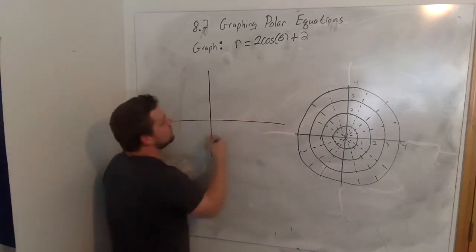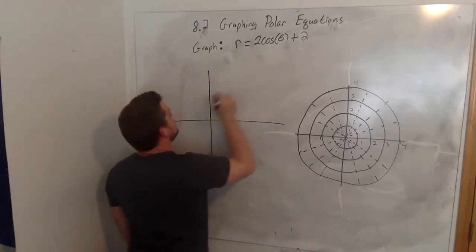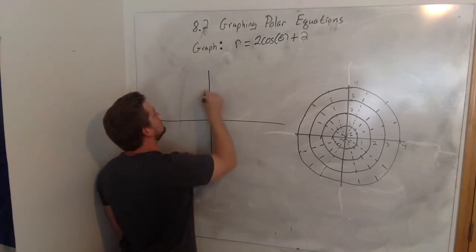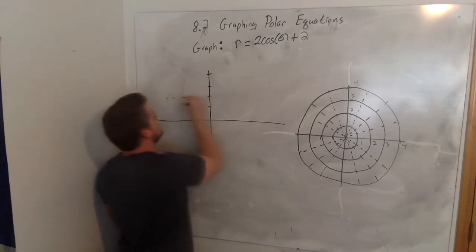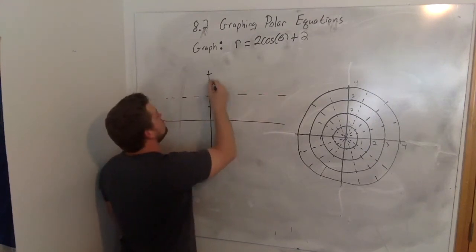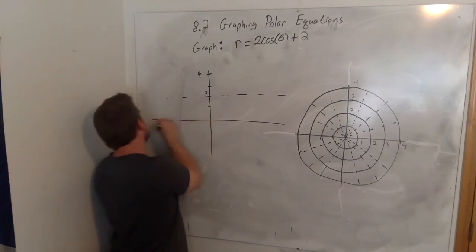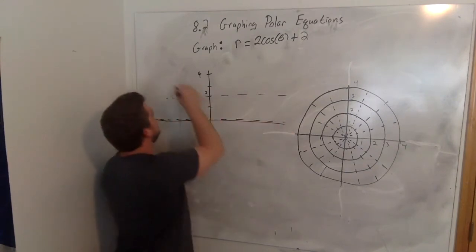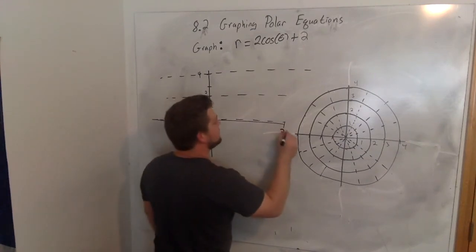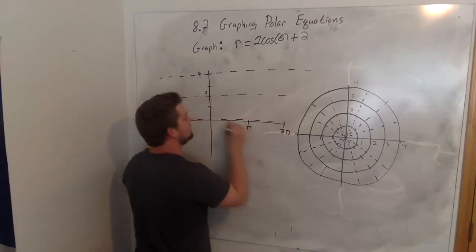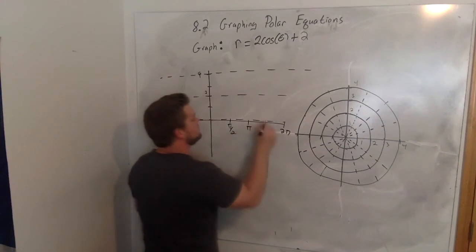Okay, let's see, we have cosine. The equilibrium is at 2. The amplitude is also 2. So I need to go up 2 units from equilibrium, so here we are at 4, and down 2 from equilibrium. Let's see, here's 2 pi, here's pi, here's pi over 2, here's 3 pi over 2.